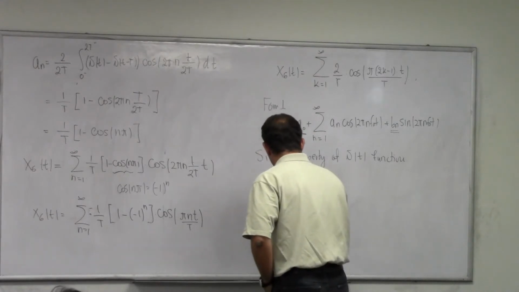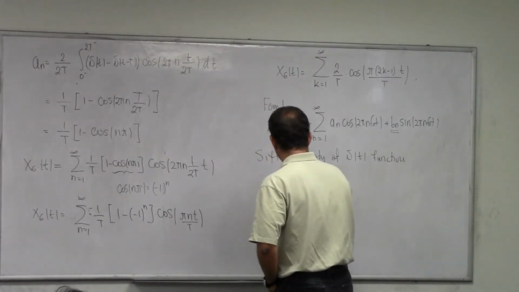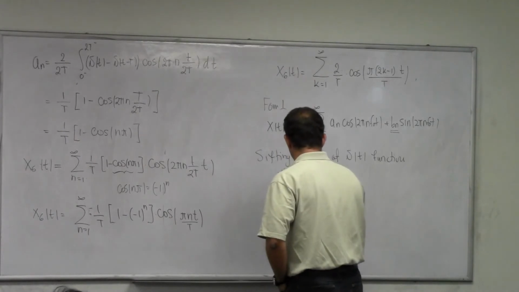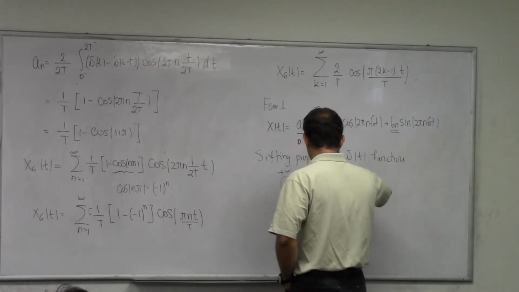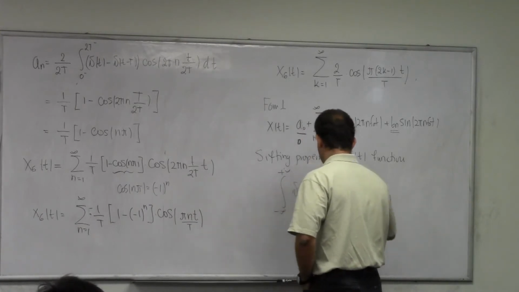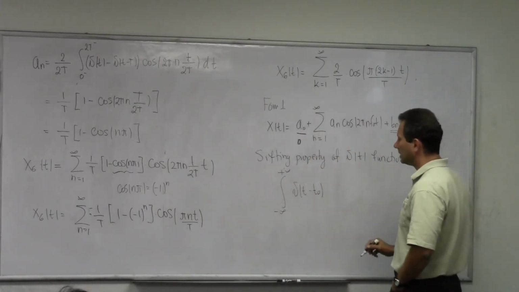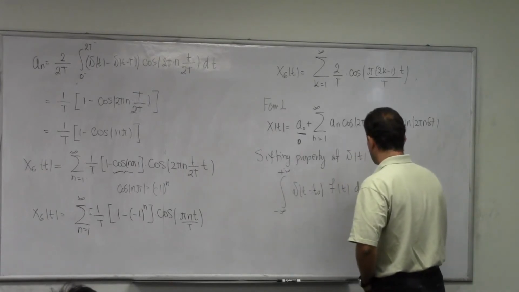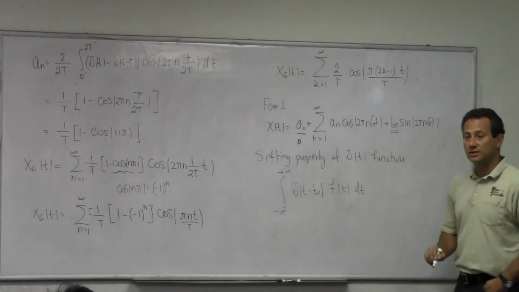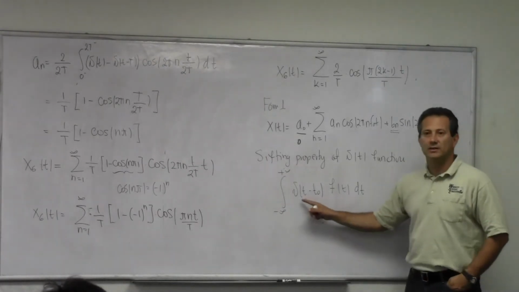It says if I integrate from, let's say, minus infinity to plus infinity, delta of t minus some time t0 (let me not use tau because it may associate you with convolution), times any function f of t, dt. So this is what we're going to consider. Now, what do I know about the delta function?